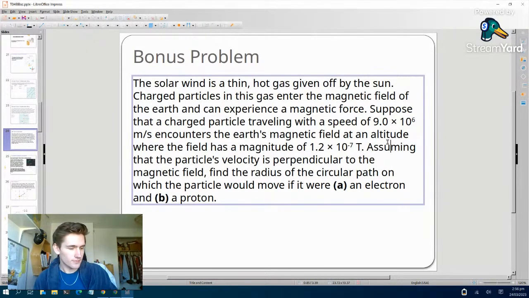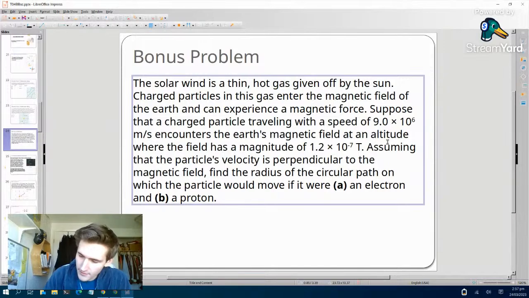So now we know the force. And so if the centripetal force is equal to the magnetic force, then the magnetic force is equal to mass times velocity squared over radius, and we're going to solve for the radius.